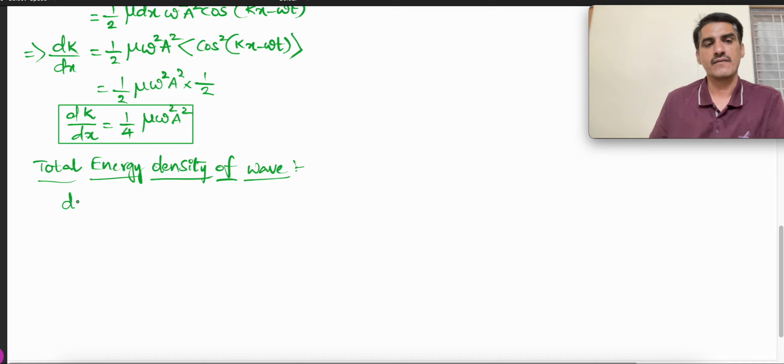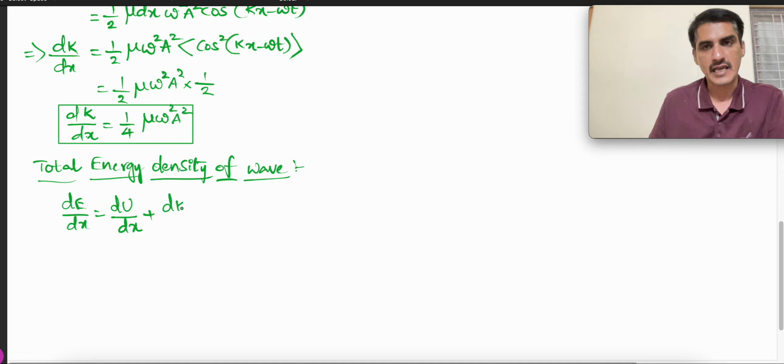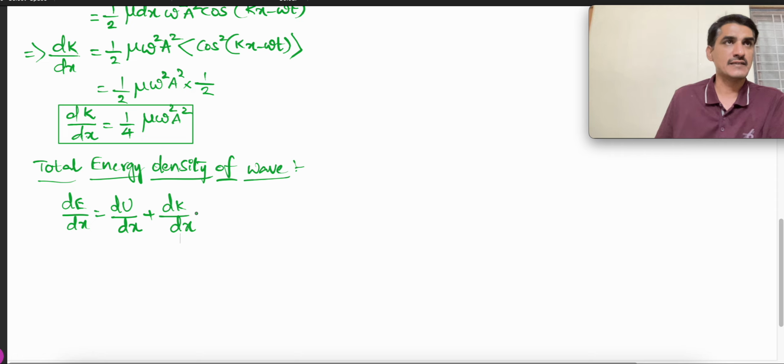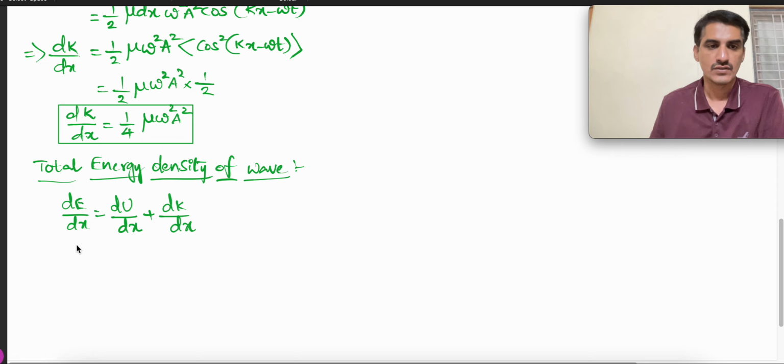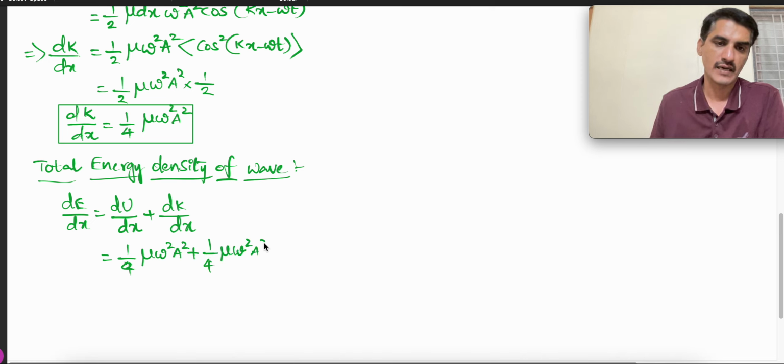What is total energy? dE by dx is equal to du by dx plus dk by dx. So let us add both of them: 1 by 4 into mu omega square a square plus 1 by 4 into mu omega square a square. Therefore, what am I going to get?